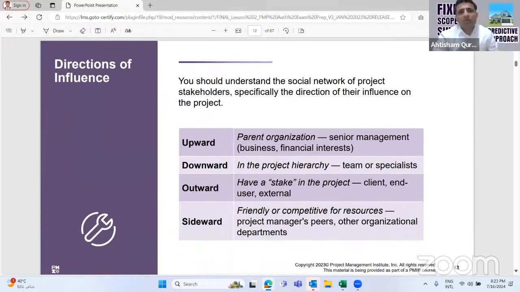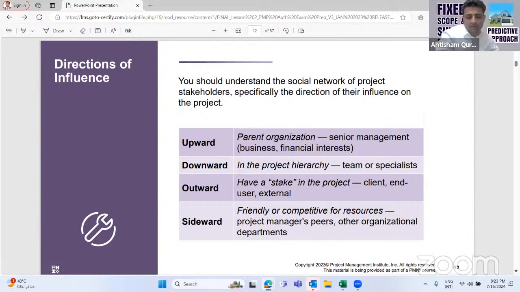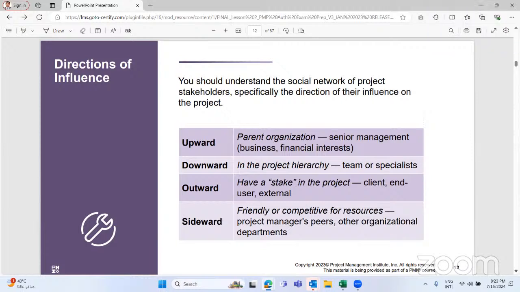Now, when we talk about stakeholders, they can have influence within the organization. So different levels, different influence. A stakeholder working at the top organization level, senior management, can have upward influence, right?